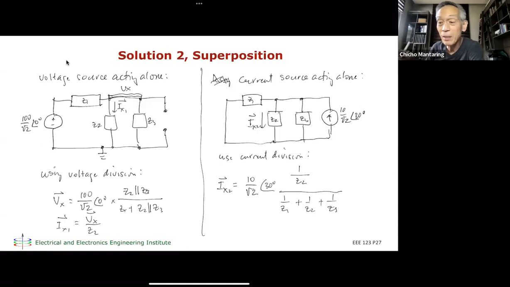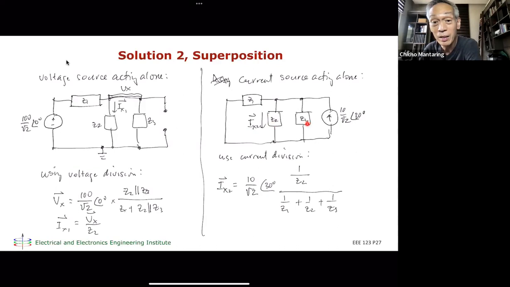It's just that when there are only two impedances in parallel, it becomes product over the sum. For example, if there were no Z1, Ix2 is Z3 over Z2 plus Z3.